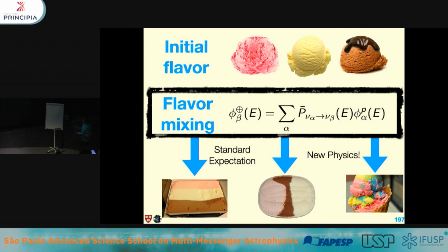And so you're going to get some flavor composition at the earth. And, spoiler alert, I'll tell you the answer for this. In the standard scenarios, the flavor composition that we expect from astrophysical neutrinos is close to equal flavors, with possibly small deviations from that. But it's possible that that's not what happens in nature, and something really weird happens. And that may be a statement of new physics.